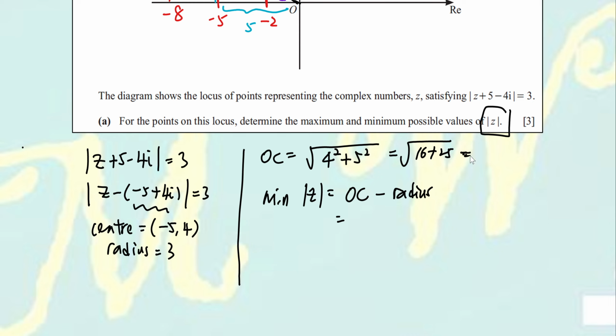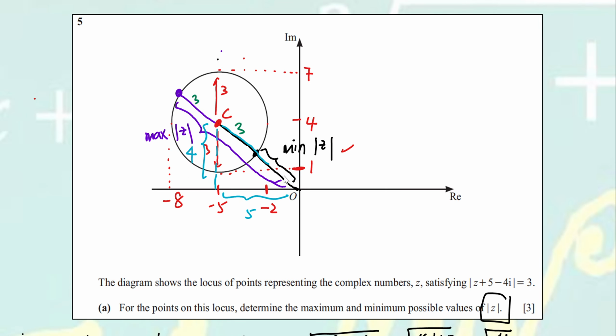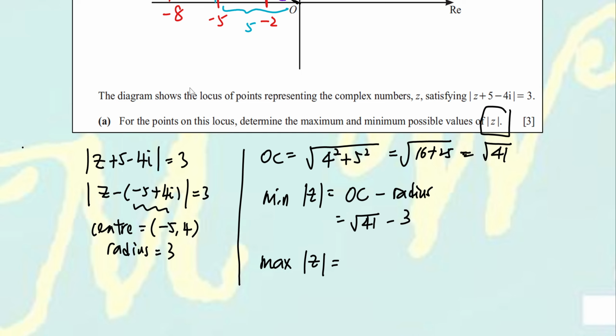That is going to be square root of 41. So this is square root 41 minus radius, which is 3. And now the maximum of the modulus z based on the diagram will be the OC, the purple color OC, plus the radius. That is the furthest distance. Therefore, square root 41 plus 3.